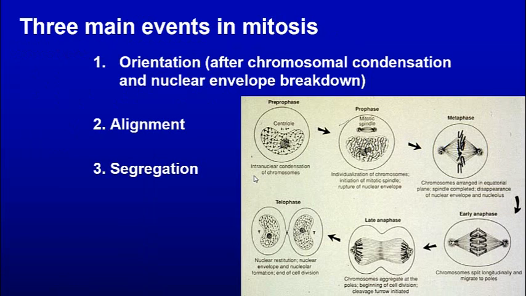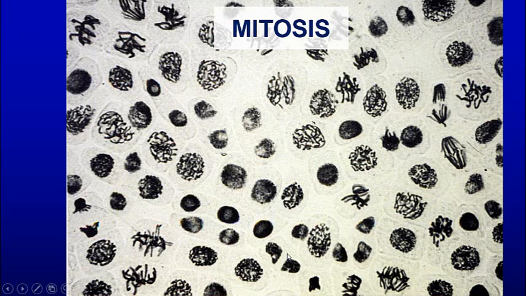The three main events in mitosis are orientation, alignment, and segregation. Chromosomes condense during prophase, the nuclear envelope breaks down, and then they align at the metaphase plate. In anaphase they start pulling apart, and you have segregation. The final part is separation of the cytoplasm itself.